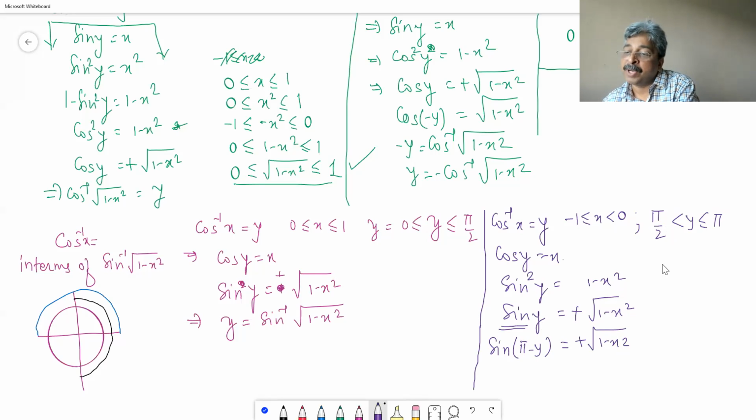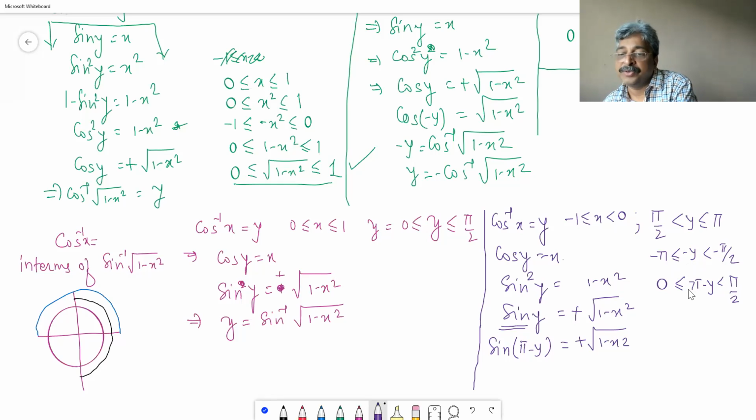So multiplying by minus sign, you get minus pi less than minus y less than minus pi by 2. Adding pi, 0 less than pi minus y less than pi by 2.